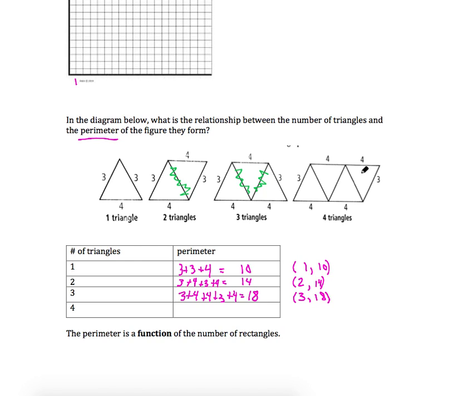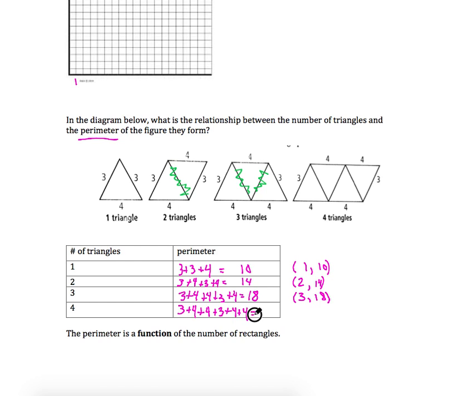And then for the last picture, 4 triangles as drawn above, we've got 3 plus 4 plus 4. It's kind of starting out a lot like the other one. And then plus another 3, so that's bringing us over to the right side. And then across the top, we have plus 4 and plus another 4.